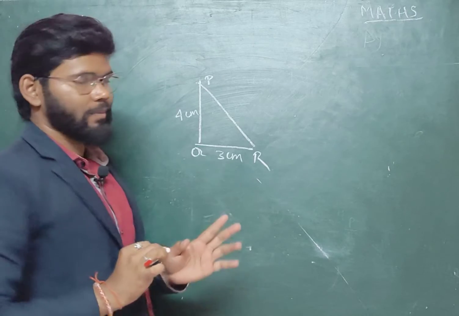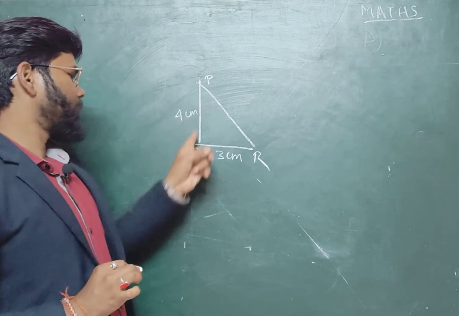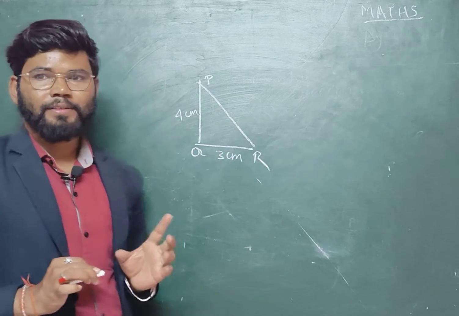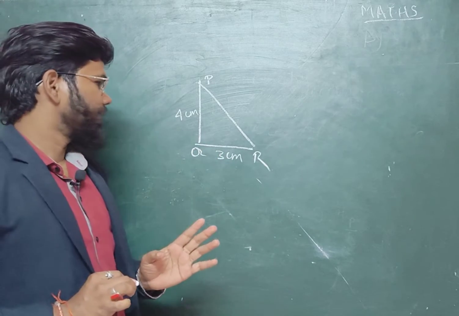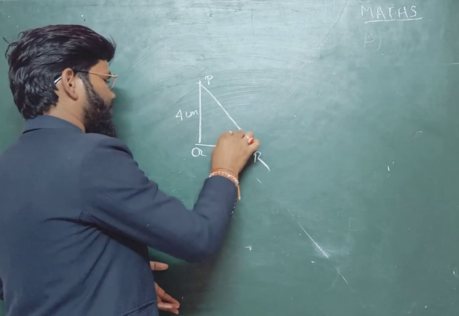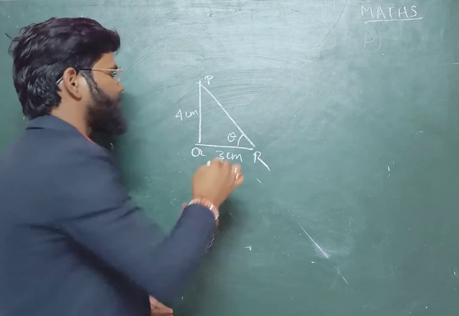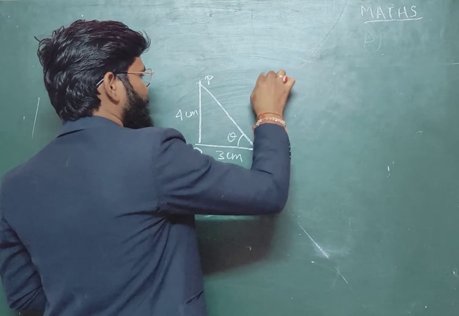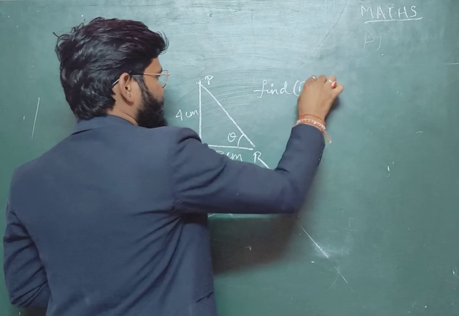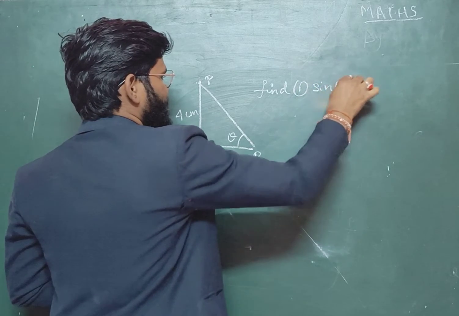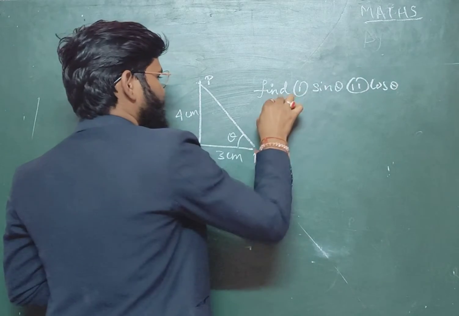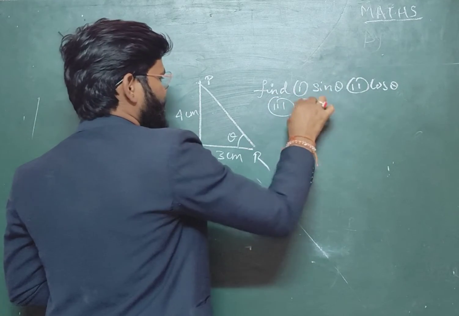Suppose that this is the type of question, and the question is telling that theta lies at angle R. So theta is here. We have to find the value of sin theta first, cos theta second, and tan theta third.